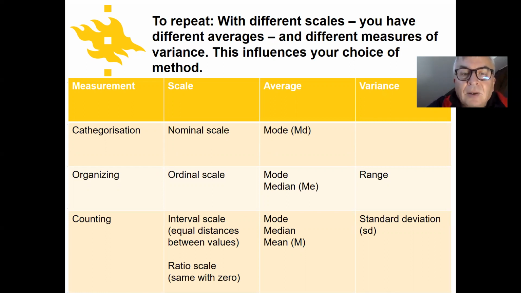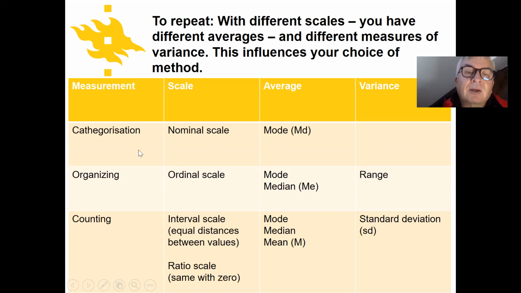And this is important because the way you measure influences what kind of average and variance you can get from the data, and that again influences the methods that you can choose. We'll get to that soon, but let's just have a look at this.